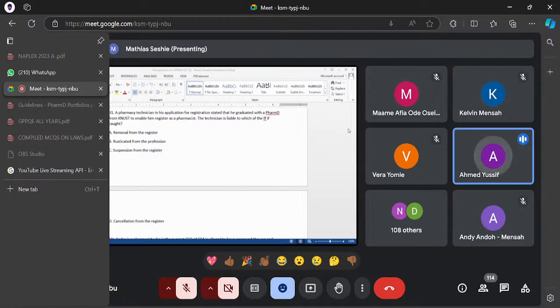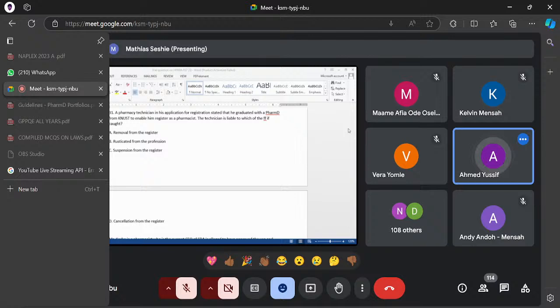The moment an offense has happened and there is an allegation of misconduct, the person can be suspended. You might not have committed the offense, but because of an allegation of misconduct, you can be suspended. So the investigation is done.